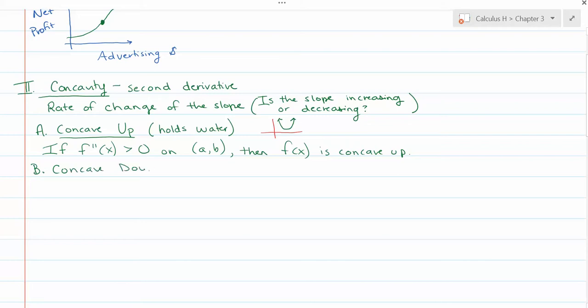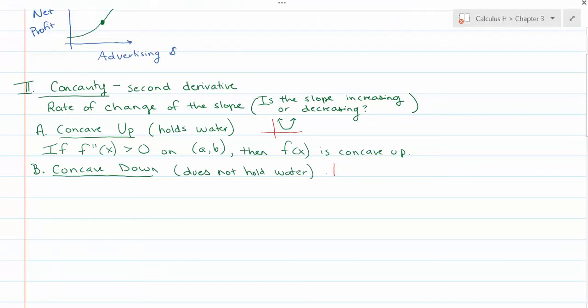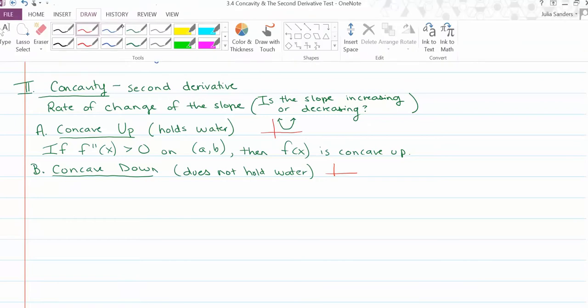Concave down is going to look the opposite, so I'm going to say it does not hold water. If you were to draw a graph of it, it looks similar except that it would be facing down.